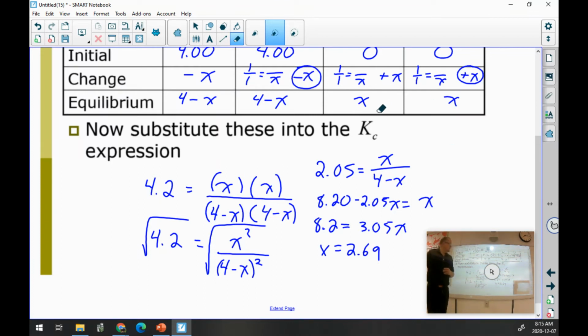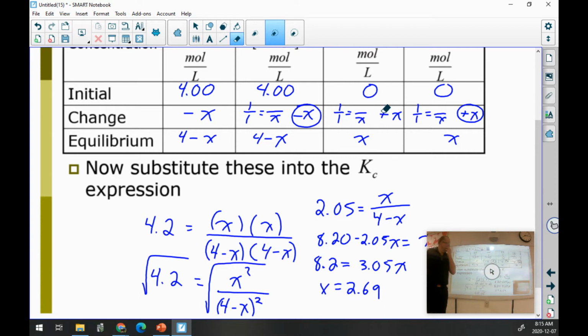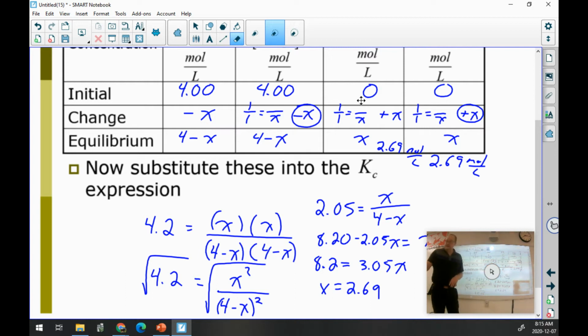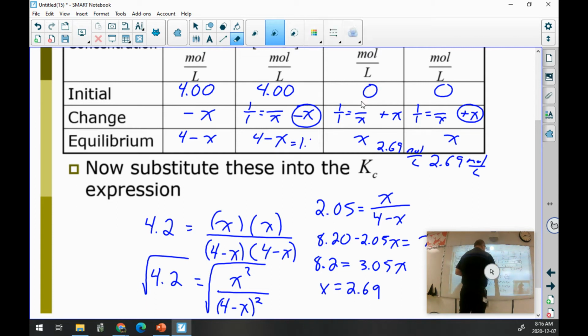So going back to our ice table, we need to figure out what we have. Well, we have the concentration of the hydrogen at 2.69 moles per liter. Same thing here. And then over here, we take away 2.69 from 4, and we end up with 1.31 moles per liter and 1.31 moles per liter.